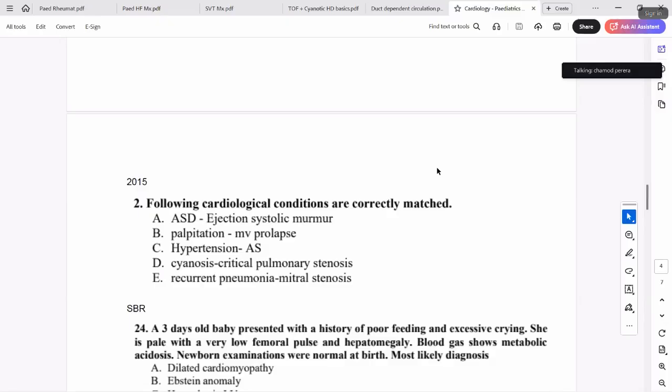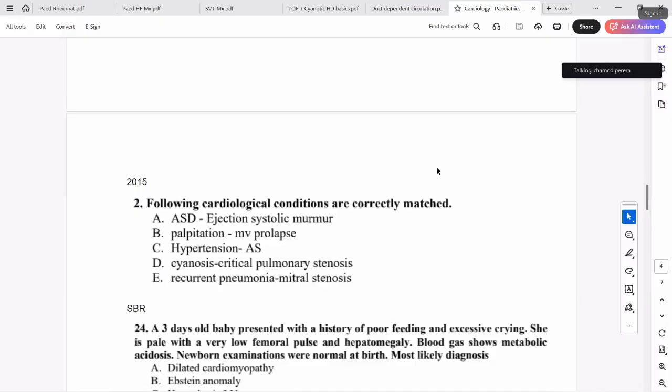With aortic stenosis, usually they get hypotension because of the left ventricular outflow tract obstruction, right? Cyanosis with critical pulmonary stenosis, yes, that is a feature. When there is critical pulmonary stenosis, right ventricular cardiac output is reduced, thereby oxygenation of blood is reduced, so they get cyanosis.